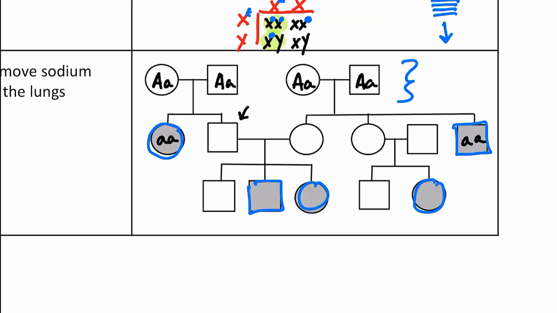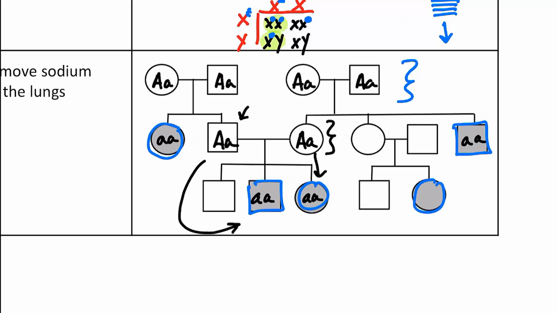I gotta look at the children. Look at what the children are doing. So I have little a, little a, little a, little a. And the only way to have what? No parents have disease. They, guess what? Must be carriers. You must be delivering a recessive allele to each individual.